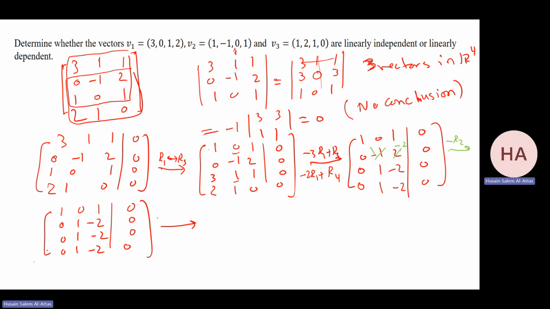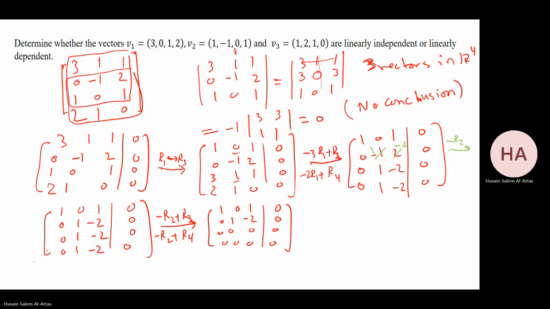Now multiply the second row by minus and add it to the third row, and the second row by minus and add it to the fourth row. You have 0, 0, 1, minus 2, 0, 0, 0, 0, 0, 0, 0, 0, 0.